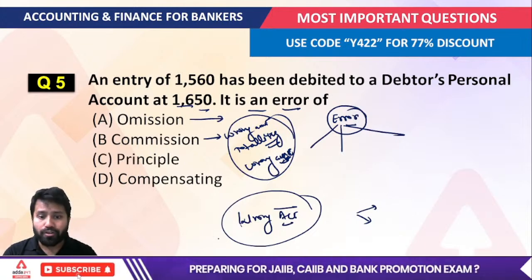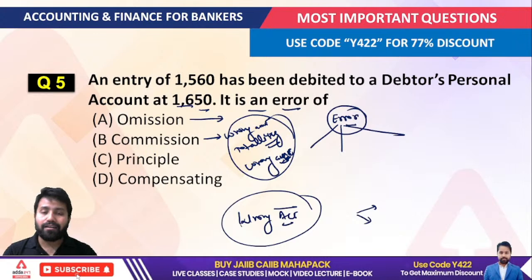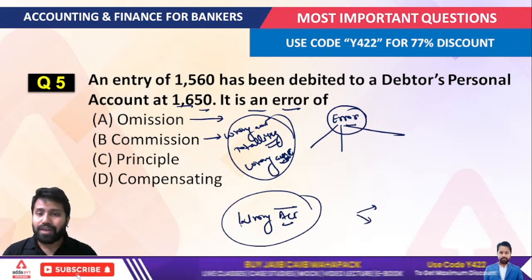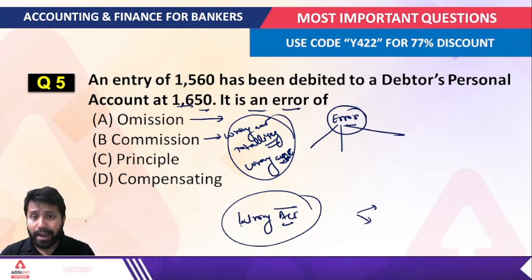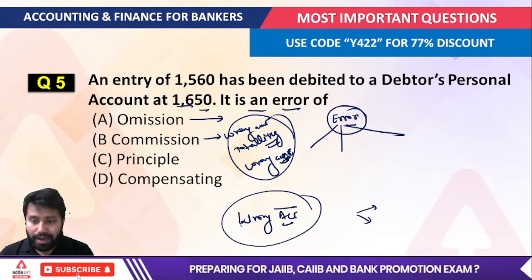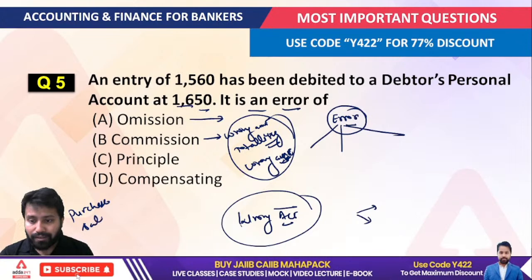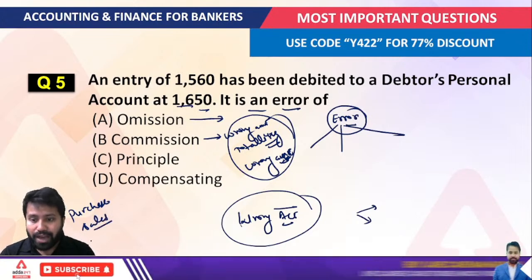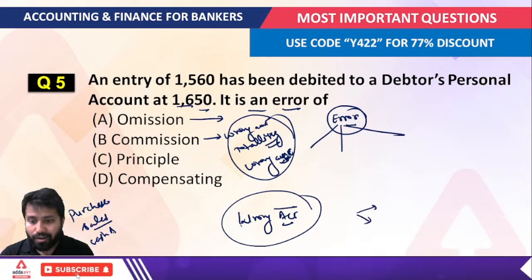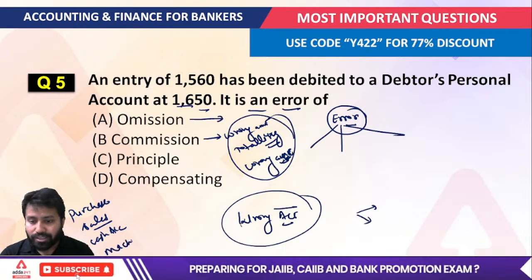But when we talk about a mistake in the heads of the company's accounts, like the purchase account, the sales account, the cash account, or the machinery account.